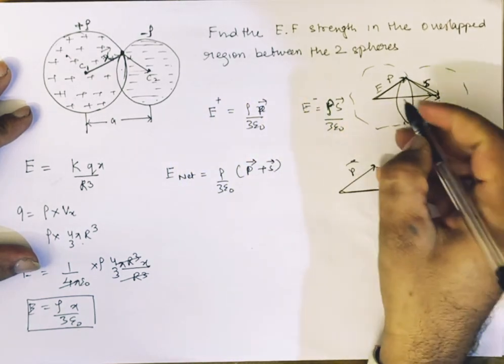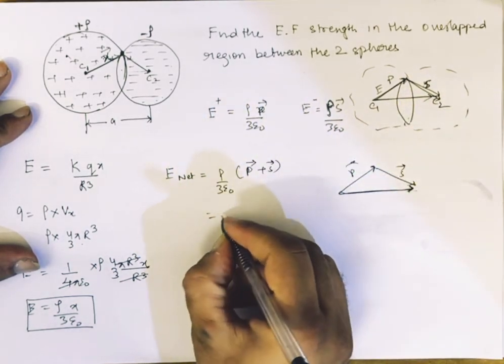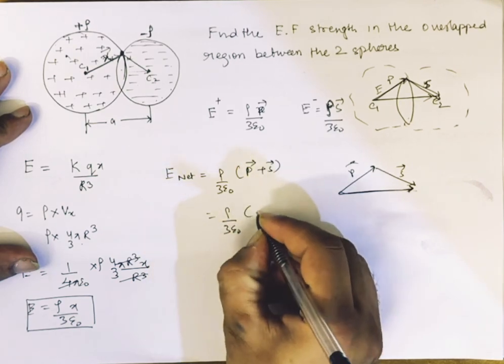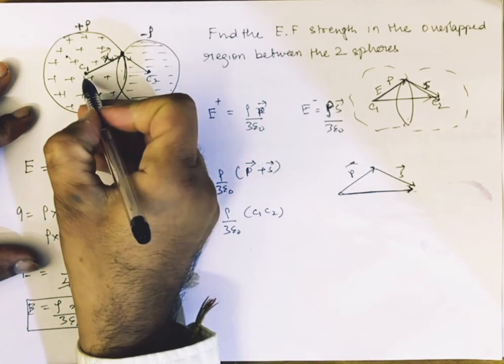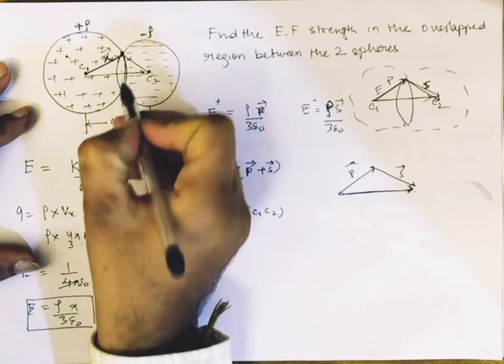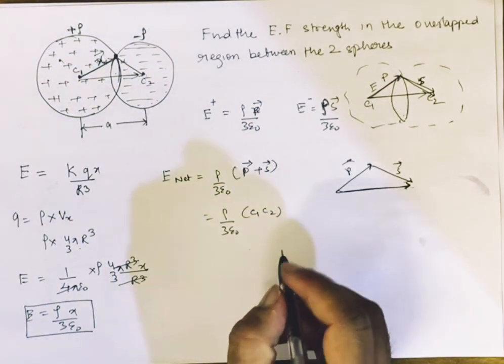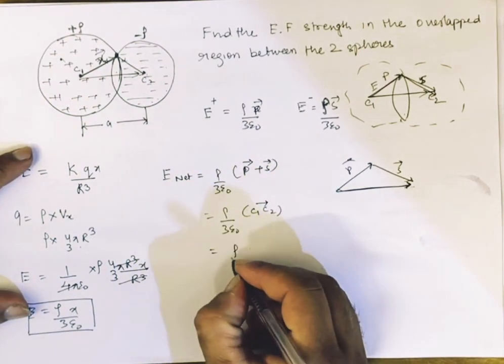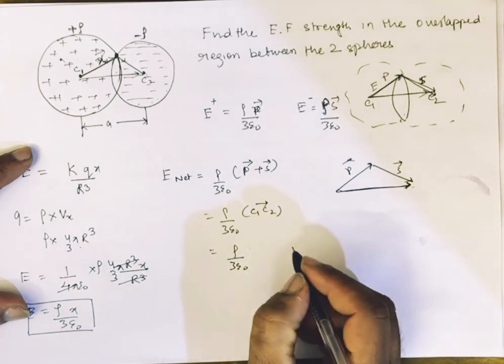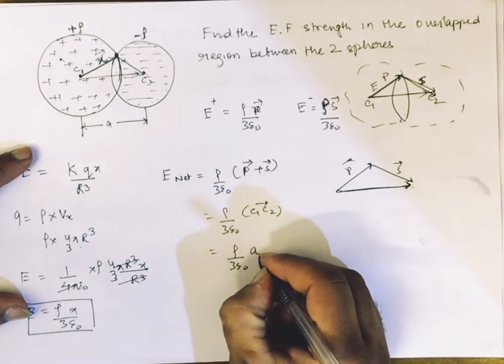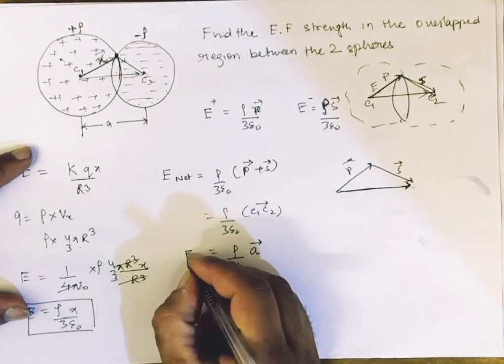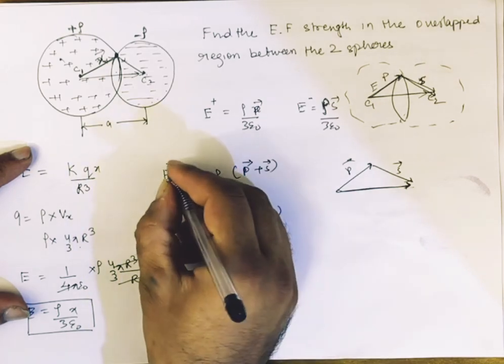This p plus s becomes c1 c2. I can write it as 3 epsilon c1 c2. This is given as c1, this is given as c2. I can write it as c1 c2 vector. And we have been given the magnitude of this c1 c2, which is a. So a vector, that is the answer to the question.